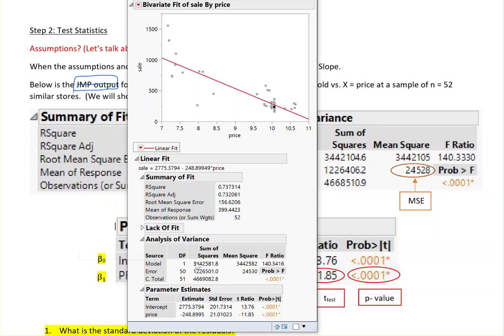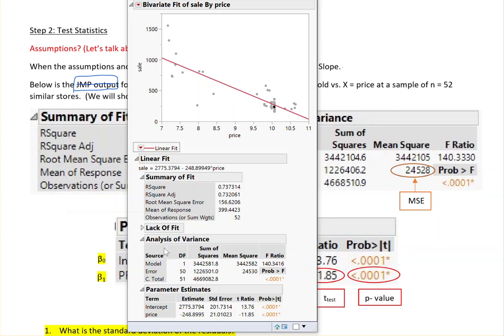Next table is called the analysis of variance. It will tell you where this variance in y comes from. Remember that? One part is from the model, one part is from the error, and then we have the total observed variation in y.